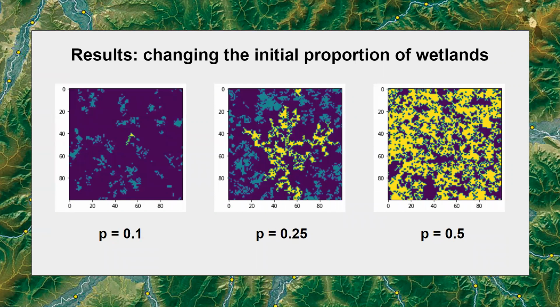After 100 time steps, if the initial proportion of wetlands is 0.1, so the graph on the left, the river sort of stops progressing across the landscape because there's too much dry area and not enough wetland area for the river to flow through. But as we increase the initial proportion of wetlands to 0.25 or to 0.5, running our model results in a greater total area of river at the end of our model run.